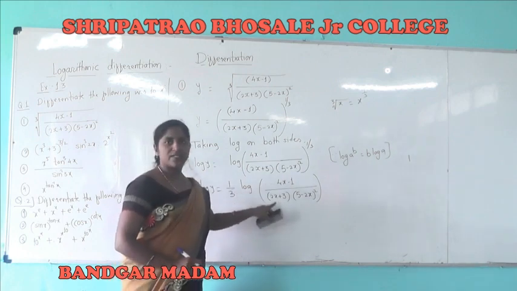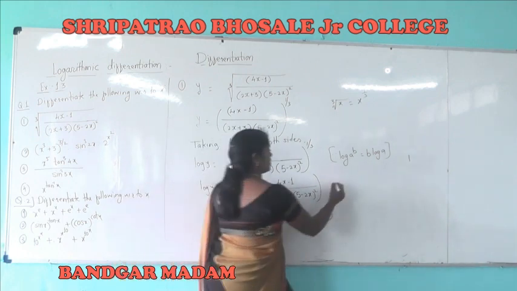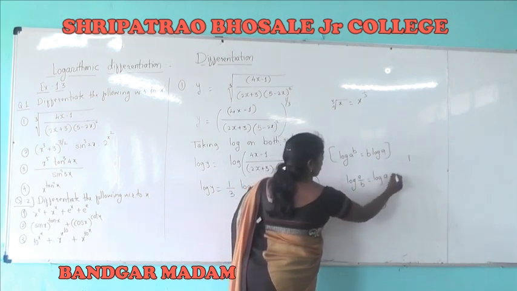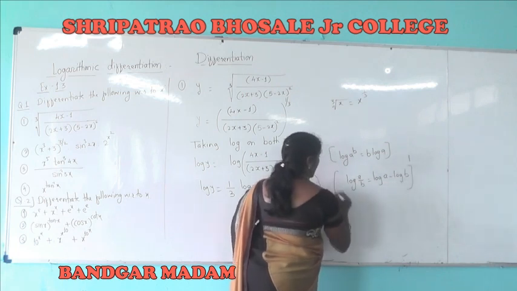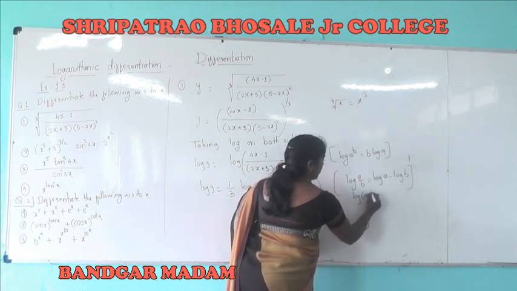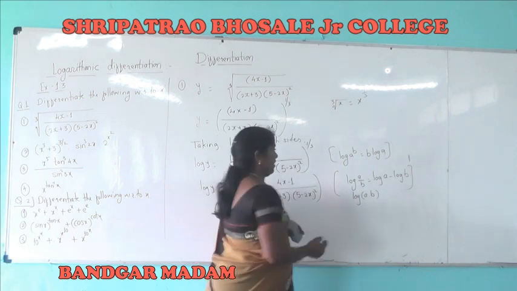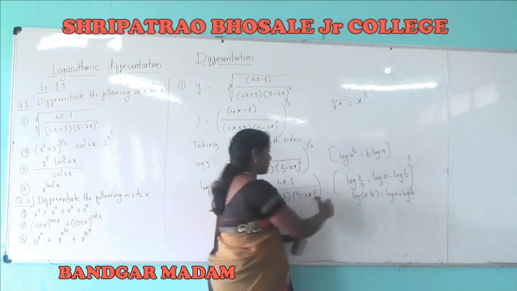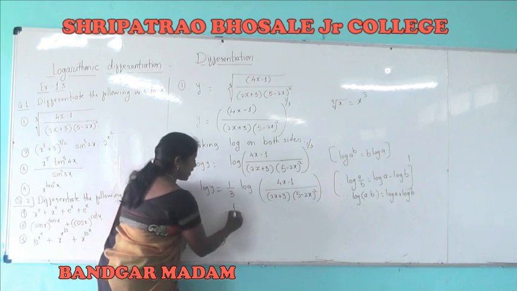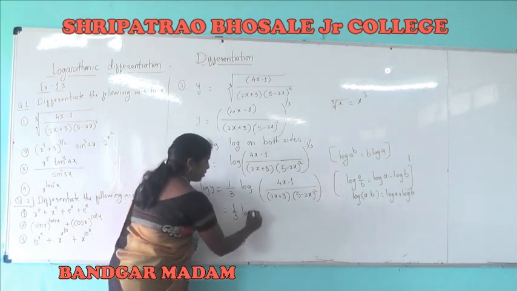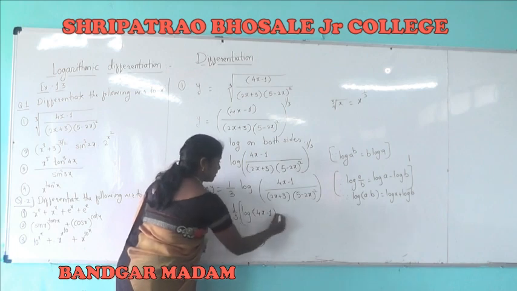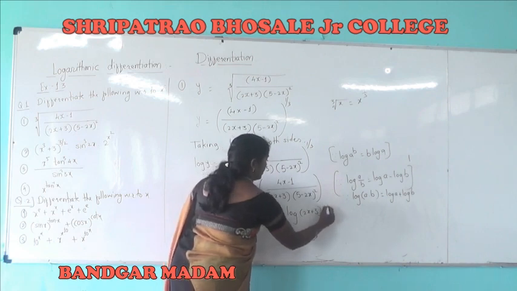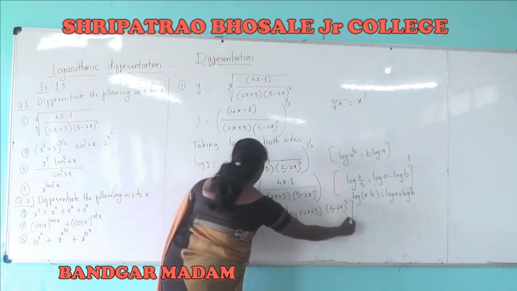Now in logarithm there is the quotient form, a by b form. For logarithm of a by b we have log a minus log b, and if there is a logarithm in the form of a product, log of a into b, then we will write it as log a plus log b. So using these properties we get 1 by 3 log of 4x minus 1 minus log of 2x plus 3 into (5 minus 2x) bracket square.